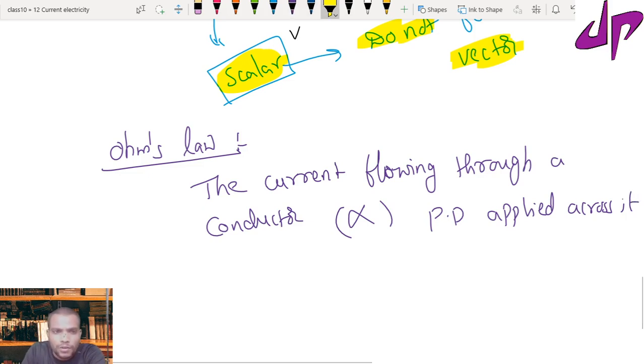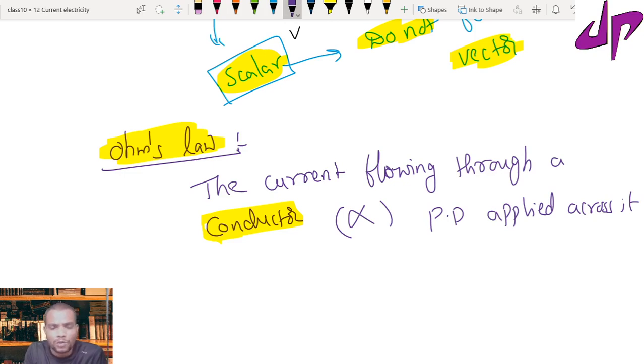Here, whenever you look at Ohm's law, be careful because Ohm's law is only valid for conductors. Materials are classified as conductors, insulators, semiconductors, and this law is only valid for conductors.